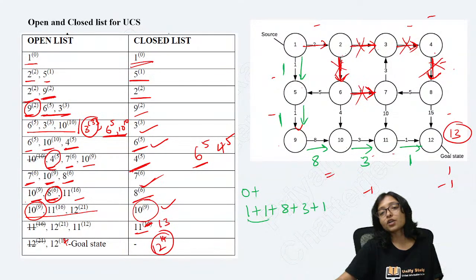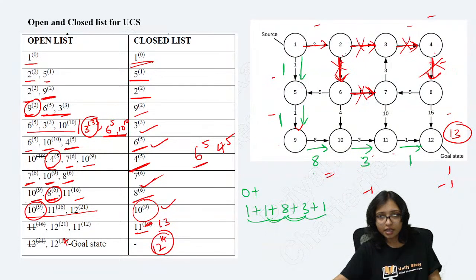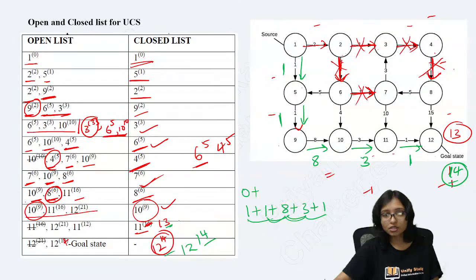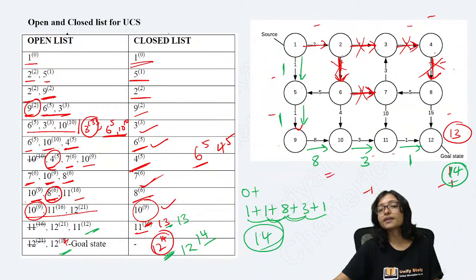So 1 plus 1, 2, 10, 13 and 14. Is there any mistake? Why is it coming 14? 12 was coming 14, right? Final value was 14. When we came to here, it was 14. Because this was 13, then this was coming 14. This was 13, final value was 14. So that's why I came as 14.